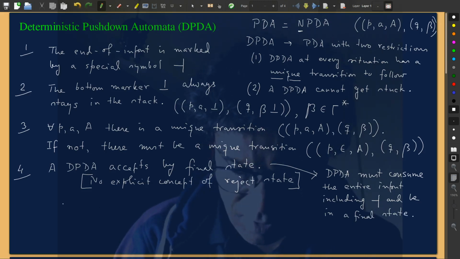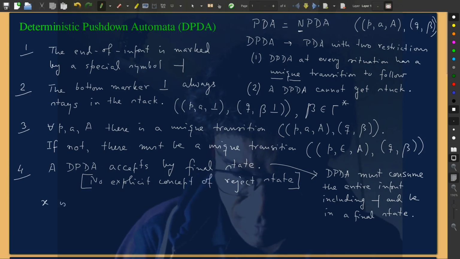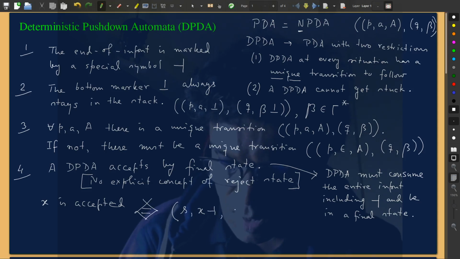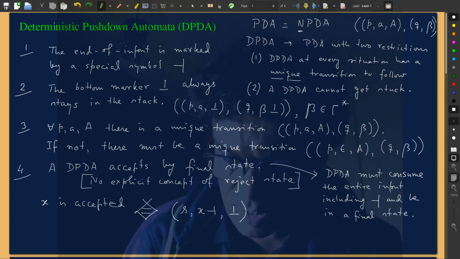So a string X is accepted if and only if the initial configuration is start state S, the input is X followed by the end marker, and you have a stack whose content is this initially.